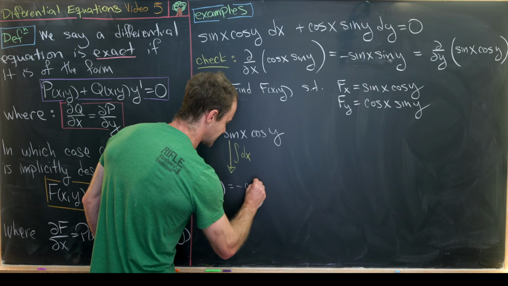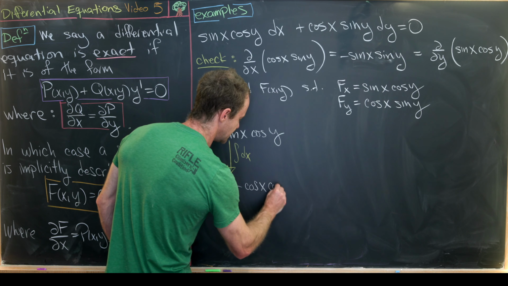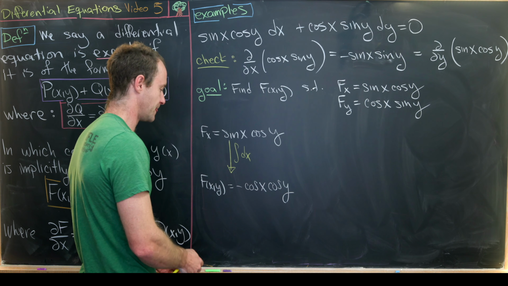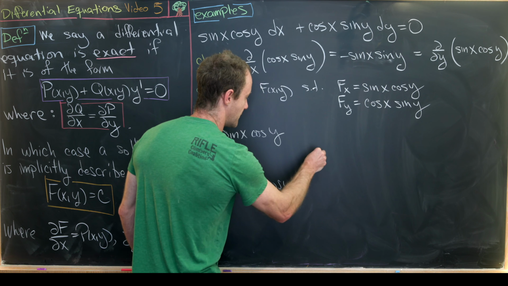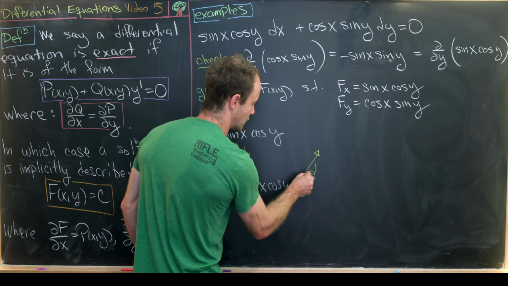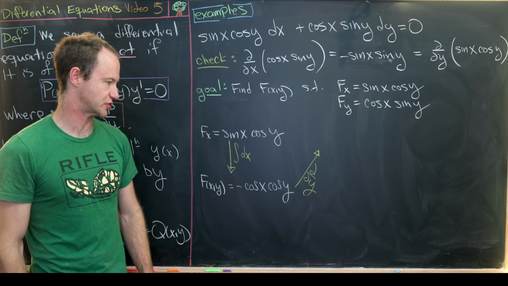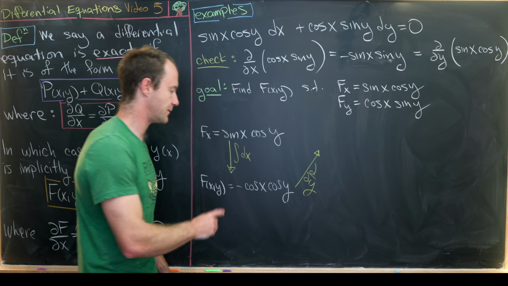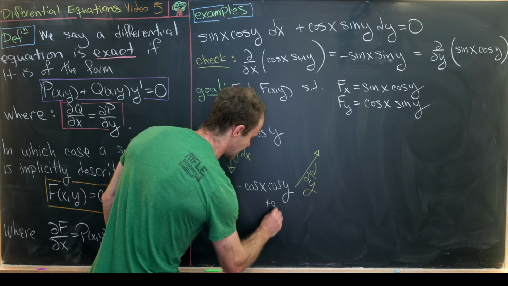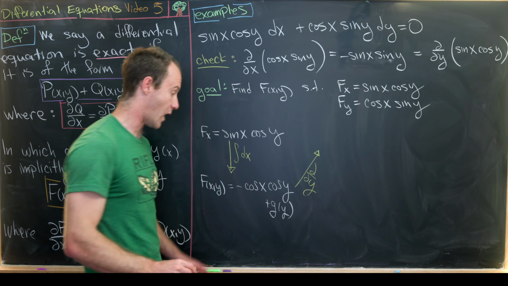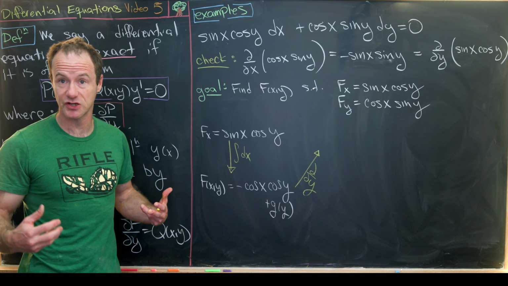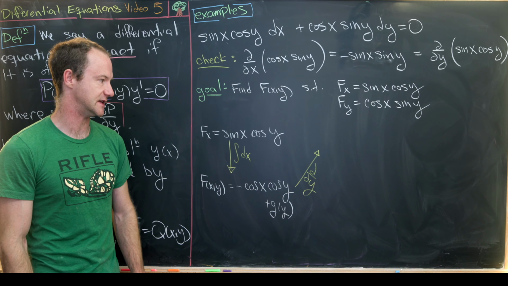So that gives us minus cos x cos y. And then from there, we'll take the partial derivative with respect to y, and then compare that to what we know is the partial derivative with respect to y. Oh, and I missed one thing. This should be plus g of y. So that's our extra function of y as needed.